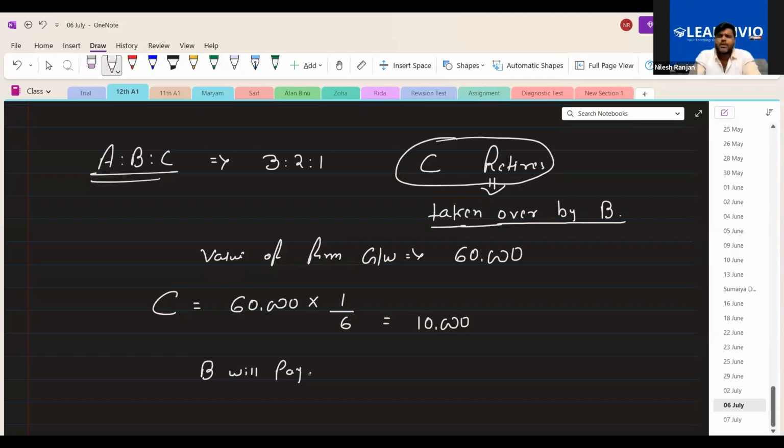But what if both partners are getting the share of C equally? What will happen then?